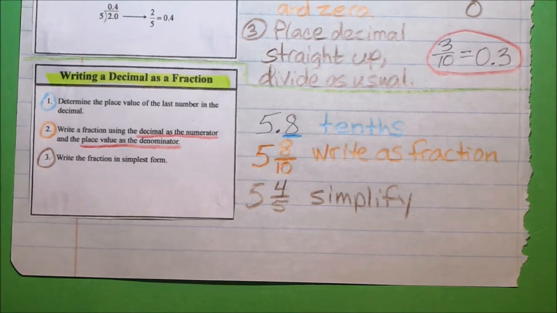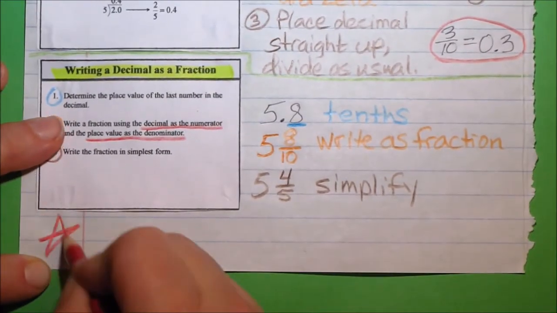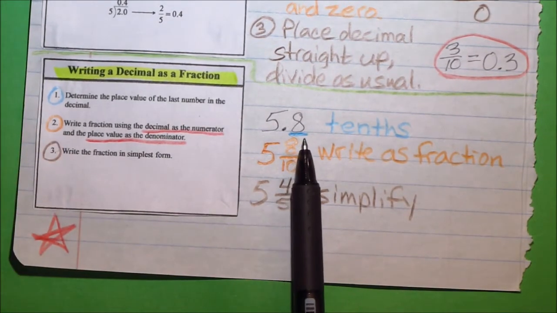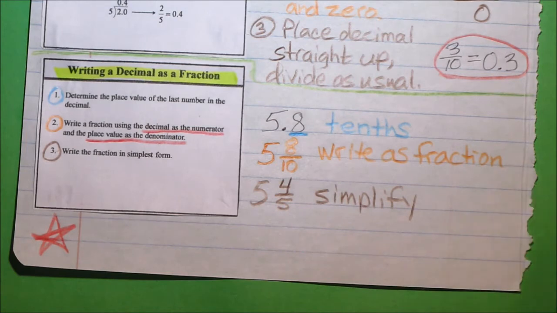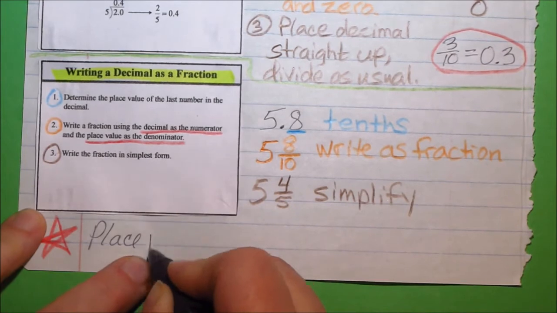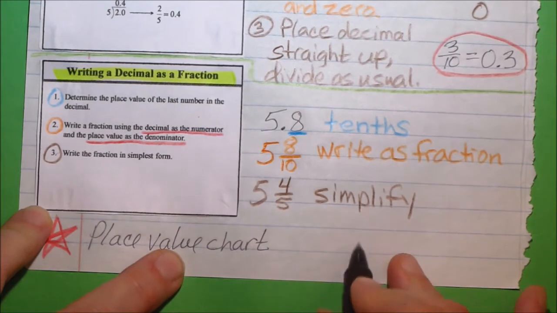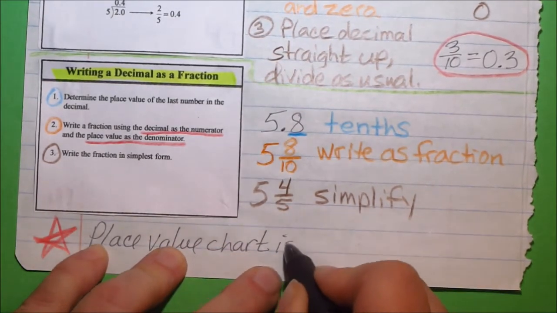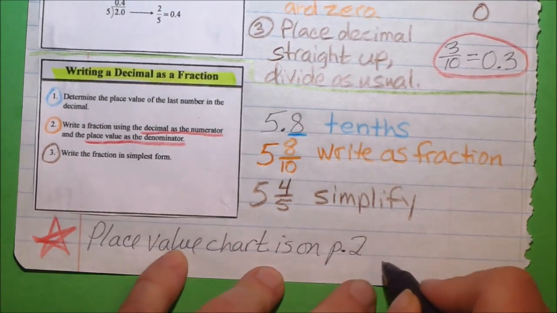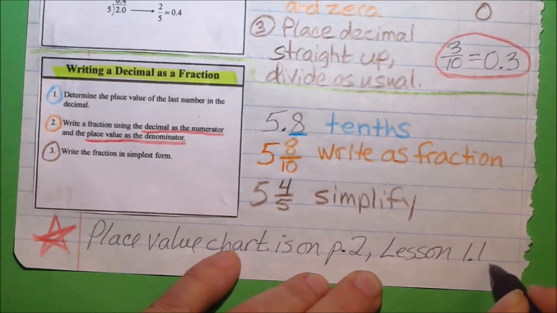Now, one last thing I wanted to make a note of down here at the very bottom is that if you have forgotten your decimal place values, your tenths, hundredths, thousandths, 10,000ths, and so on, you have a place value chart on page 2, lesson 1.1 of your notebook.